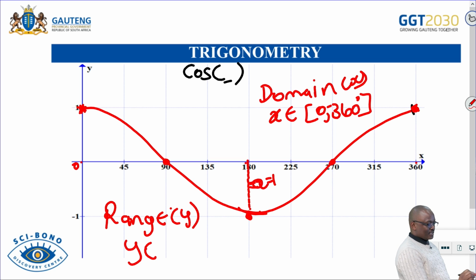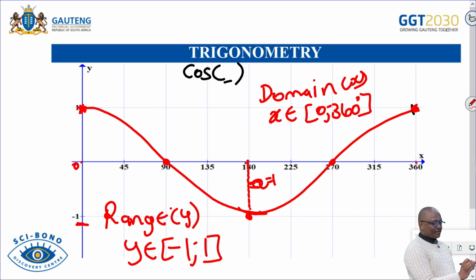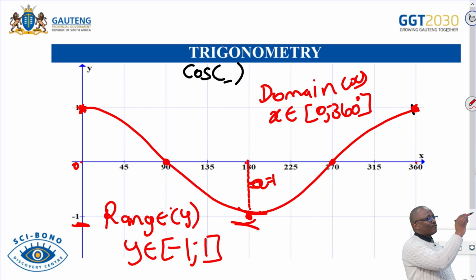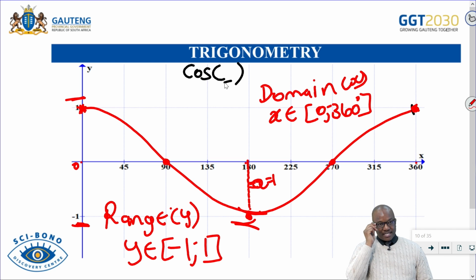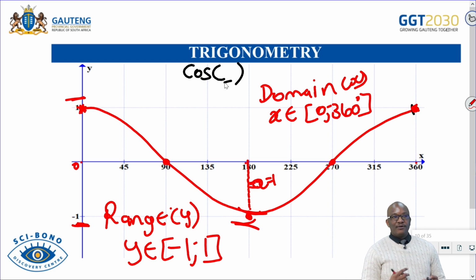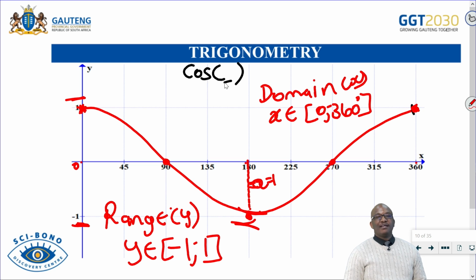So y is an element of -1 to 1, because you can see that our graph is defined from -1 up until 1. That's where our graph is defined on the y-axis. So that's how you determine your domain and range, and also the amplitude.